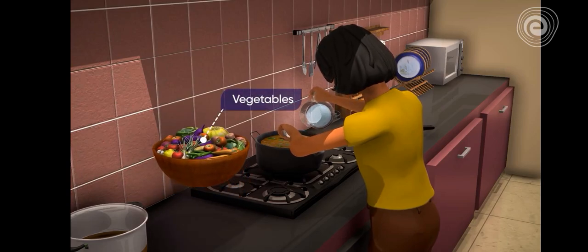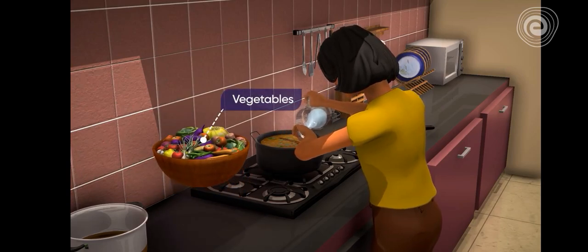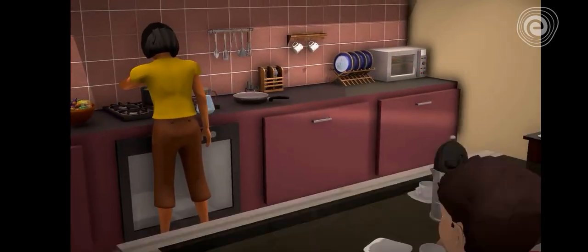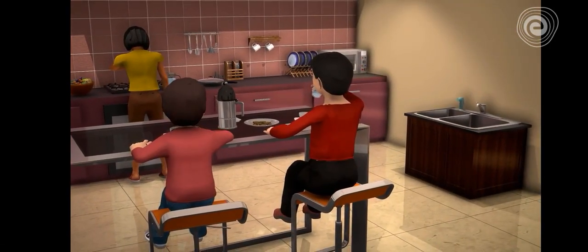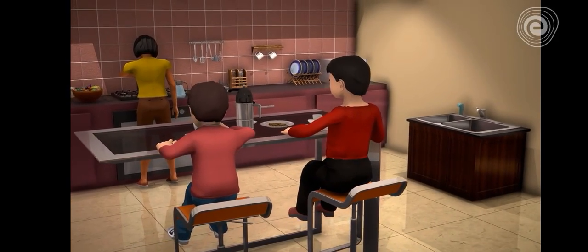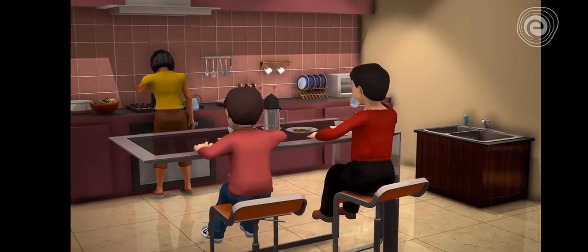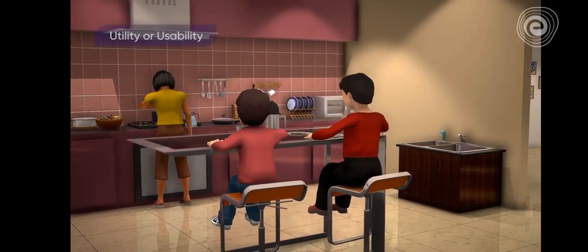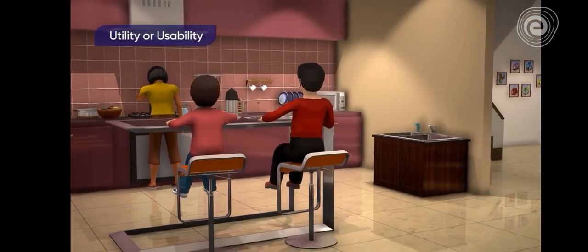Similarly, the vegetables you sometimes don't like to eat, these are all resources. At some point, all these resources have been of use to you. They possess an essential quality called utility or usability.